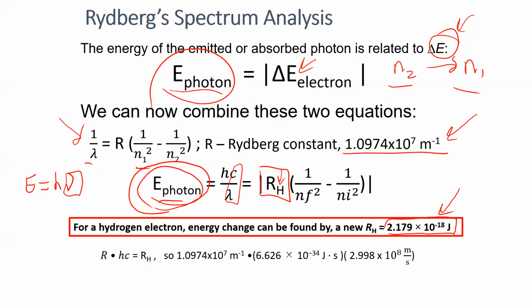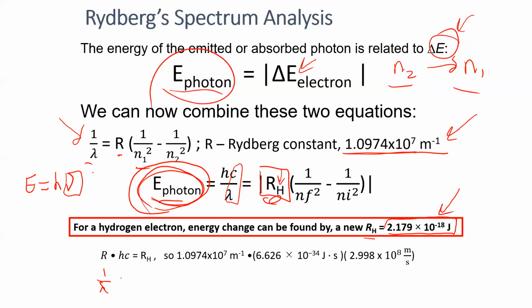How did they get from Rydberg's constant to the constant RH for the change in energy of electrons? Well, what is the difference? Remember, we're setting this equal to 1 over wavelength. When we're using RH, we want to set it equal to energy.